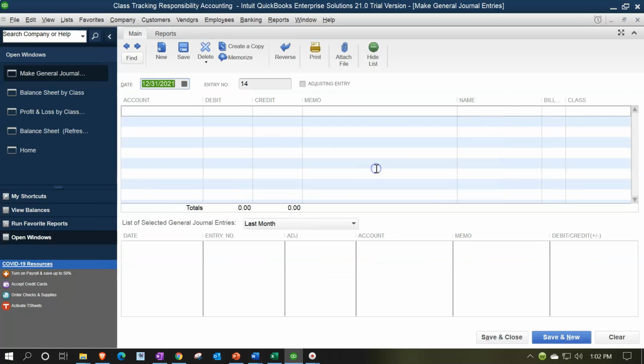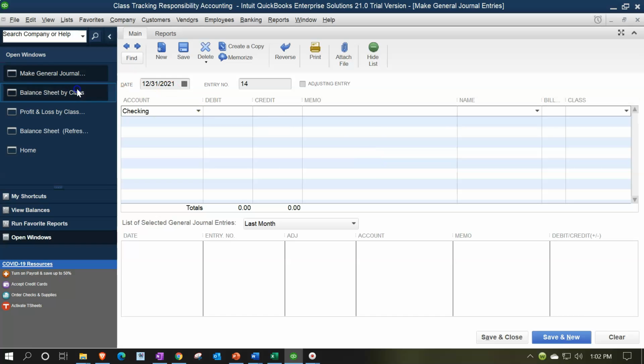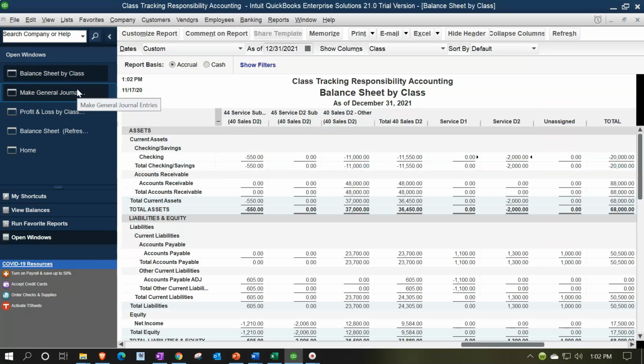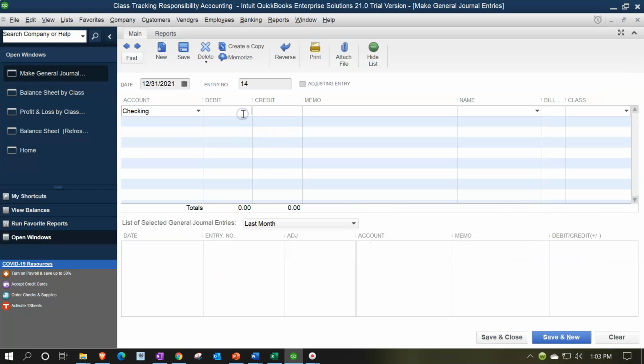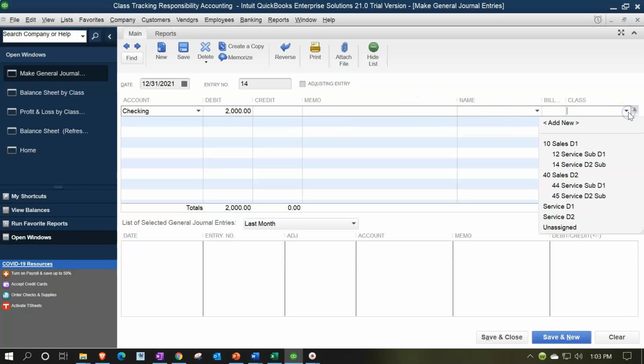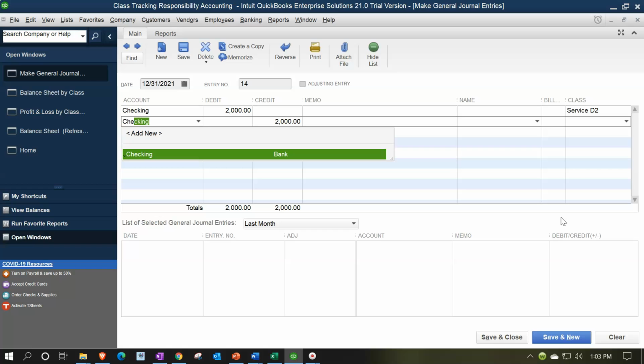Once again, as of 12/31, checking out the checking account. And this is going to be a debit of, let's check it out, 2,000, because it's overdrawn. So we're going to make it go to 0 with a 2,000 debit. And then the other side is going to be a class of service D2, reducing it, then checking account.